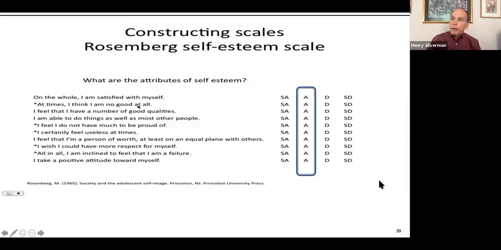So if one question is phrased so that the agree reflects subjective norms, you want to give 5 points for the so-called correct answer, the correct attitude. Now, if the correct attitude should be in the form of disagree, then you want to give 5 points to disagree. That's reverse scoring.